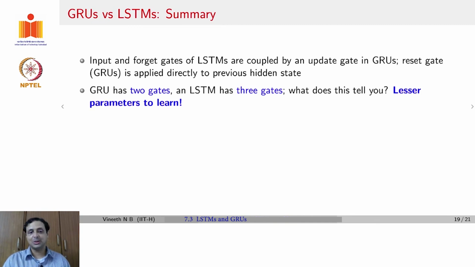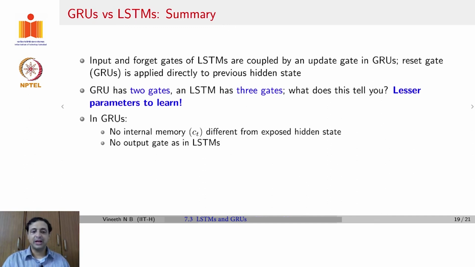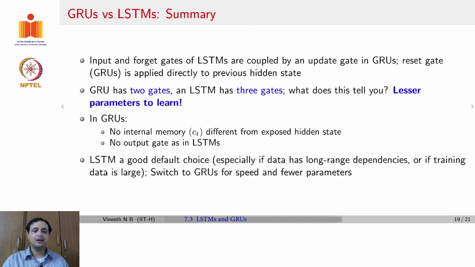Fewer parameters to learn in GRUs, so learning could be better even with less data. GRUs don't have any internal memory, a cell state C_t. Whatever is the internal state is exposed as it is because there is no formal output gate to control how much of the cell state is output.